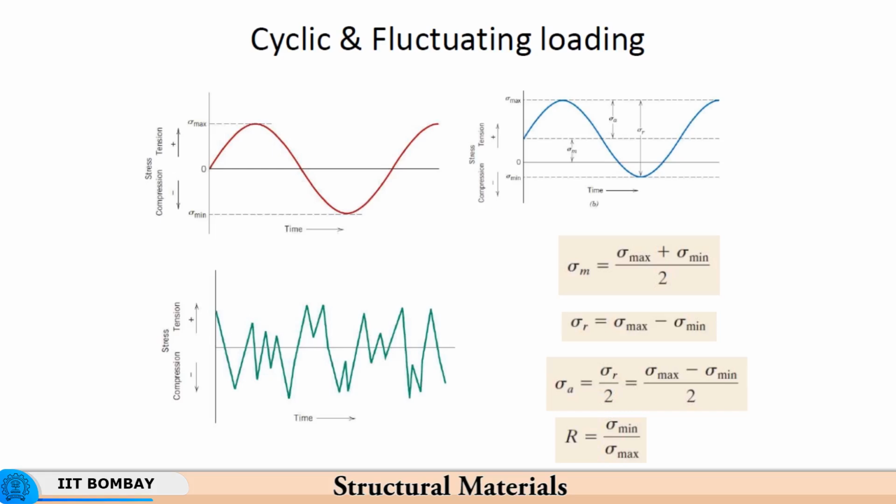This kind of cycle is experienced by a boiler type of equipment which we have been discussing, where R is sigma min upon sigma max. Sigma min is 0, sigma max corresponds to operating pressure, and therefore R is equal to 0. So that is a typical boiler type of cycle.